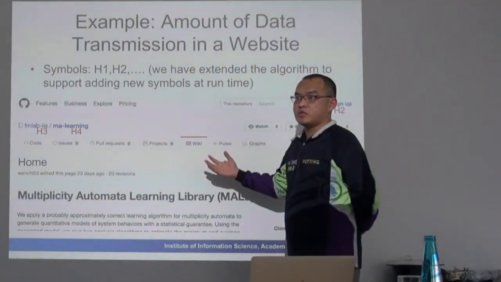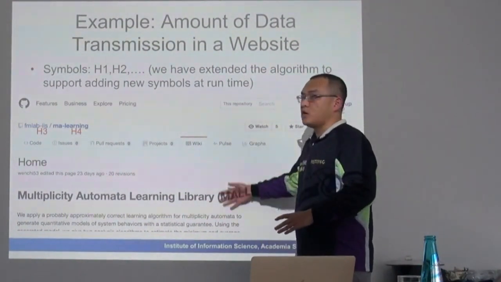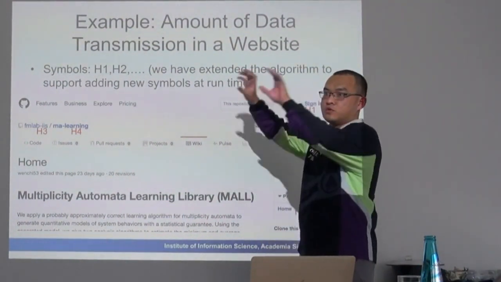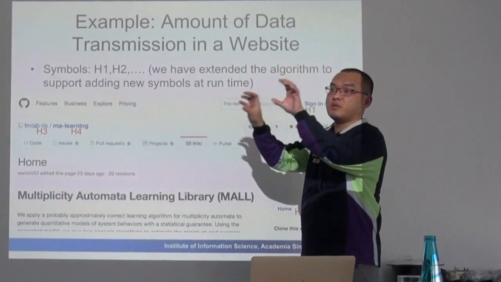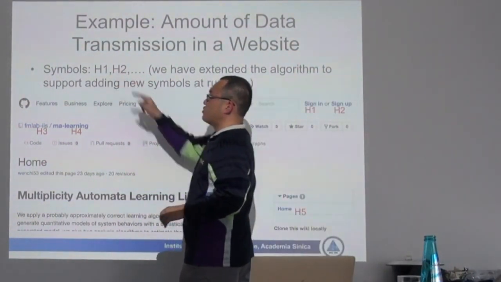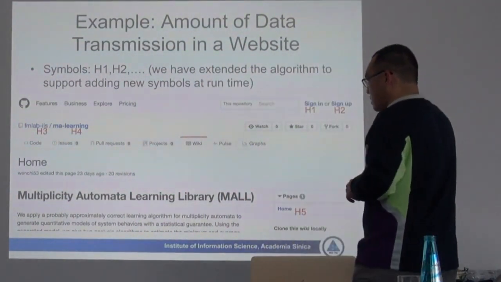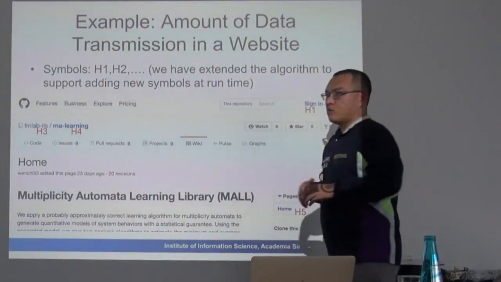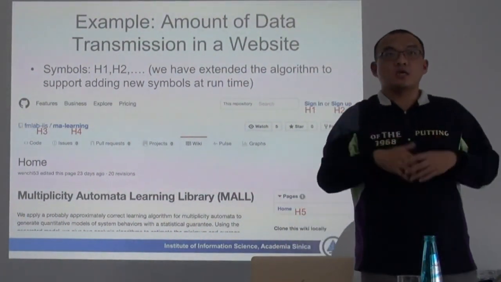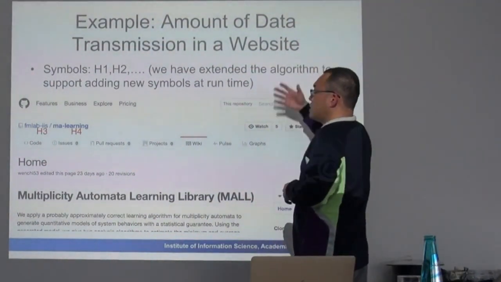So we go to the HTML file of a web page and get the HTTP links. H1 means to click the first link, H2 means to click the second link. Because the number of hyperlinks in a website is unknown in advance, we have extended the algorithm to support adding new symbols at runtime.